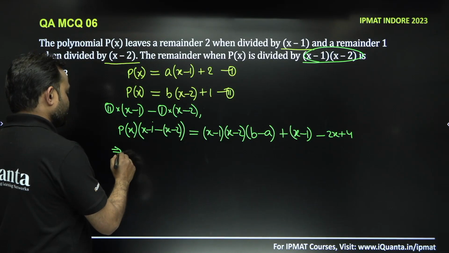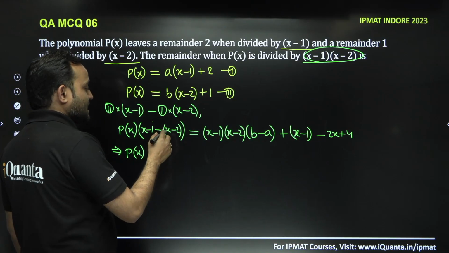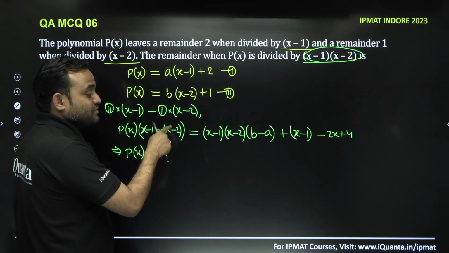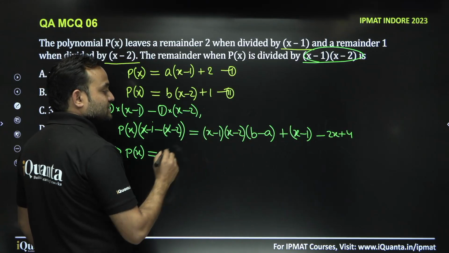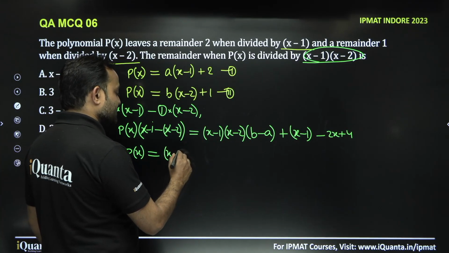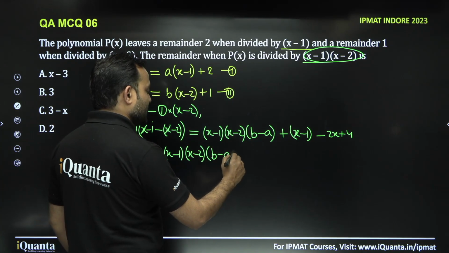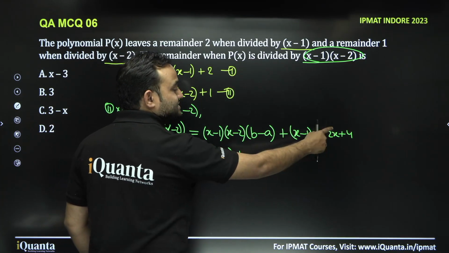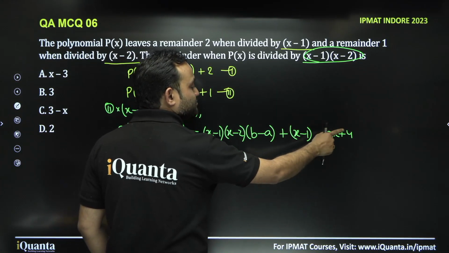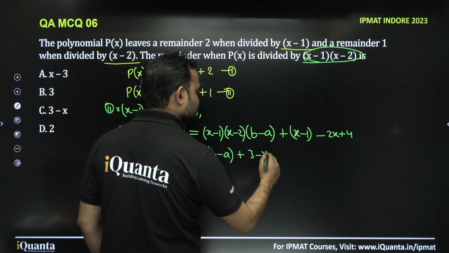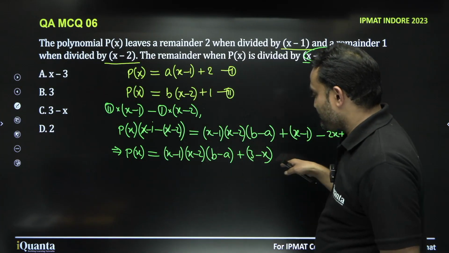We get P(x) into, check this, x cancelled out, minus 1 plus 2 is 1. So P(x) is equal to (x minus 1)(x minus 2)(b minus a) plus, what is this value? x minus 2x is minus x, minus 1 plus 4 is 3. So 3 minus x. Now think on this expression again.